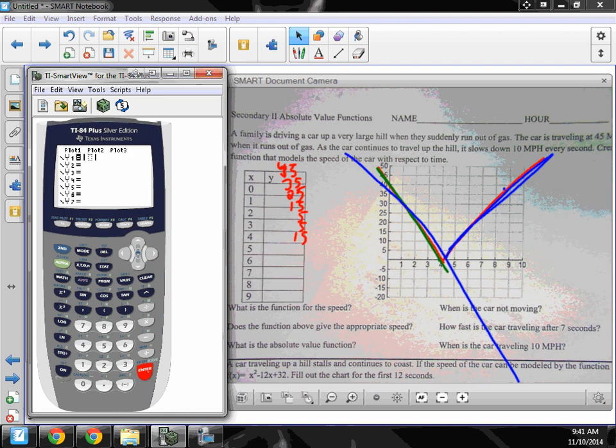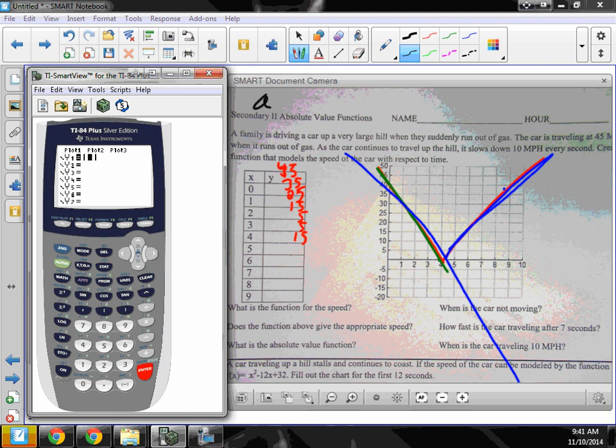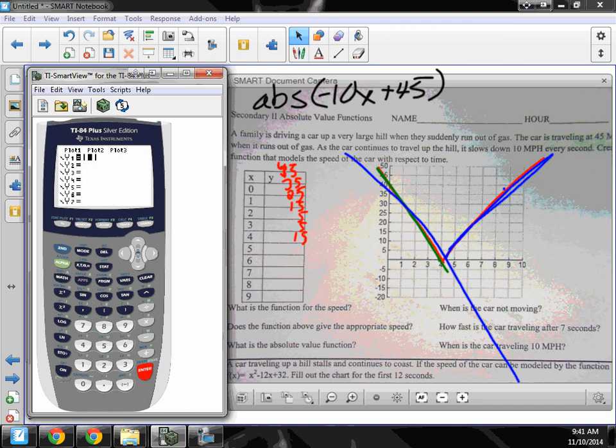And then some of your calculators will look like this, depending on how old your software is. Or it will actually give you these two vertical marks. But either way, you just type it in. Then I look at the graph, and it's the same basic graph, but instead of continuing below the x-axis, it folds it up and makes that V shape. Anybody having trouble graphing the absolute value? Okay.